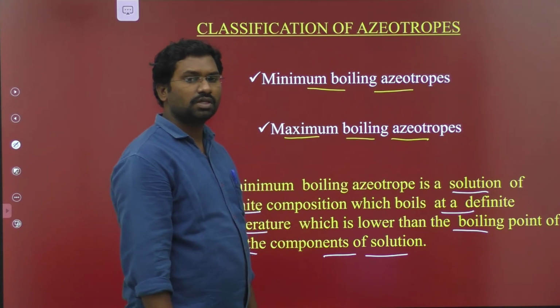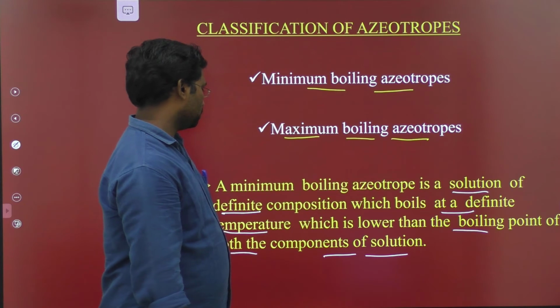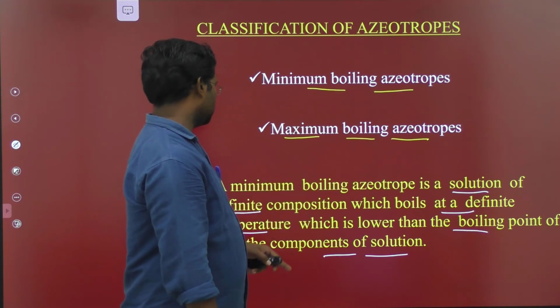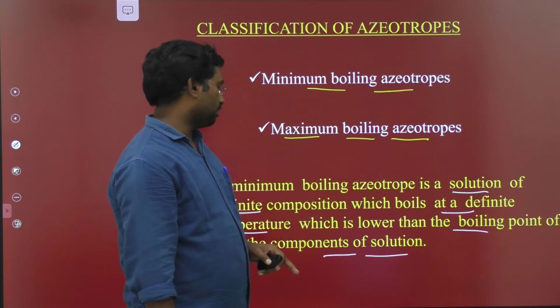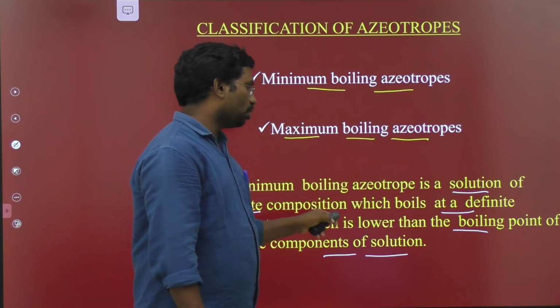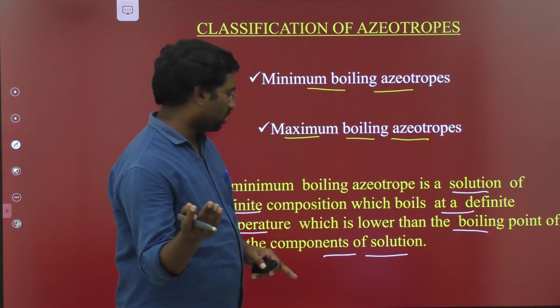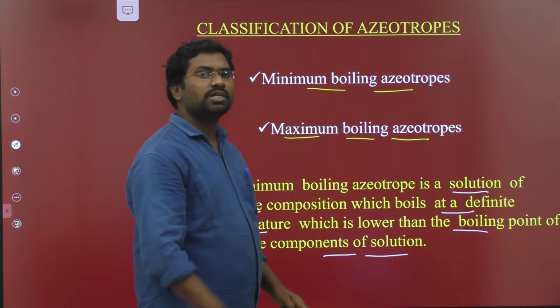This is the definition for the minimum boiling azeotropes. Minimum boiling azeotropes boil at a definite temperature which is lower than the boiling point of the individual components of that solution.